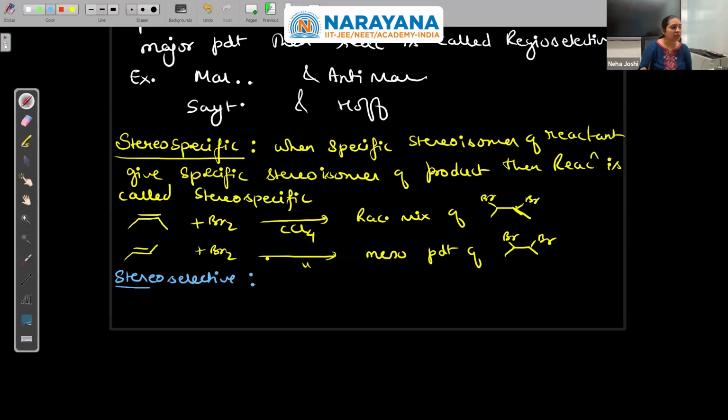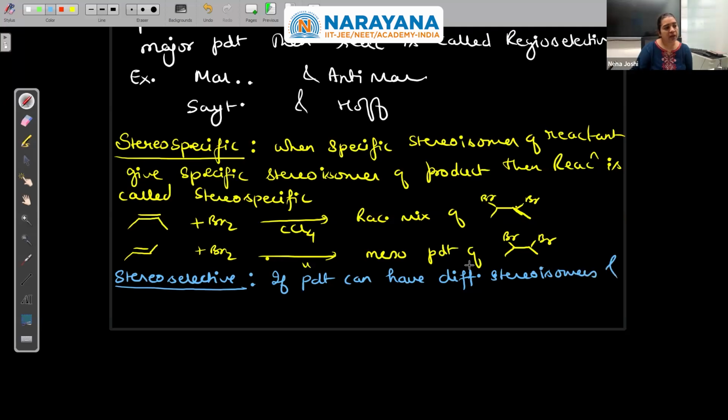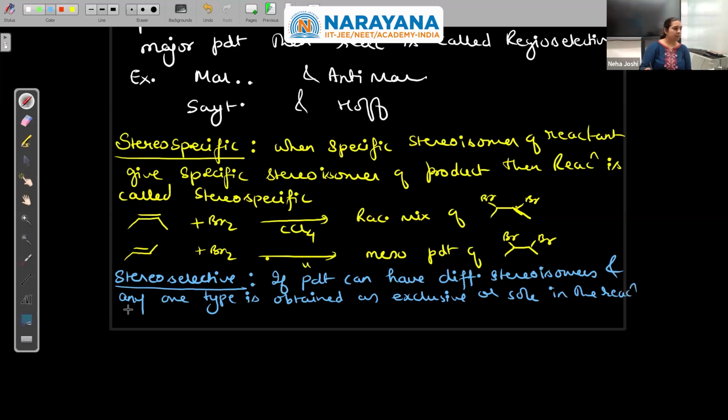Coming to stereoselective. Now here I will not talk about the reactant's stereoisomerism. If the product can have different stereoisomers and any one type is obtained as exclusive or sole in the reaction, then the reaction is called stereoselective.